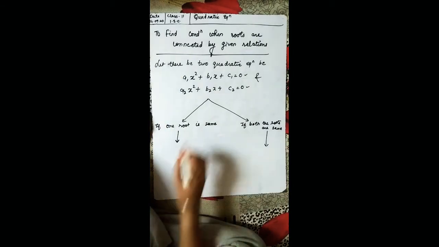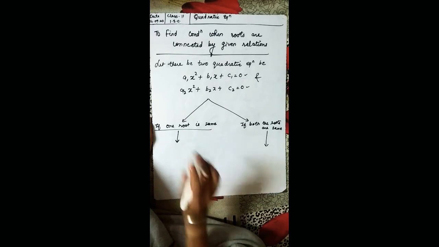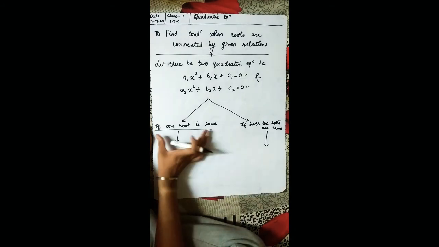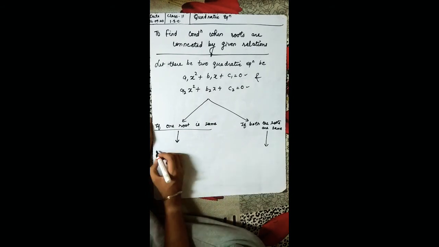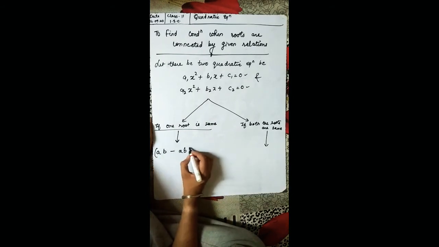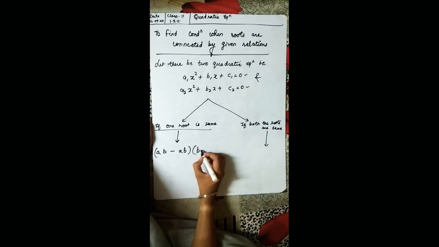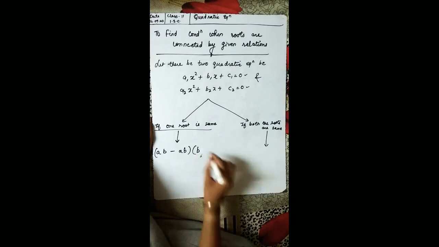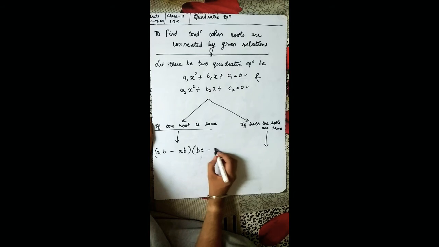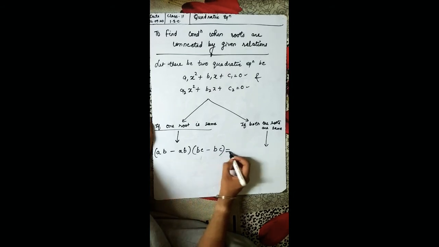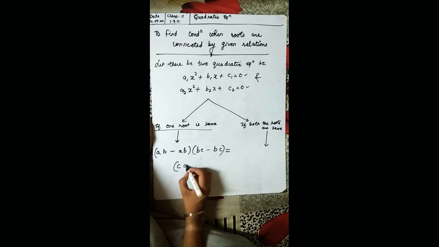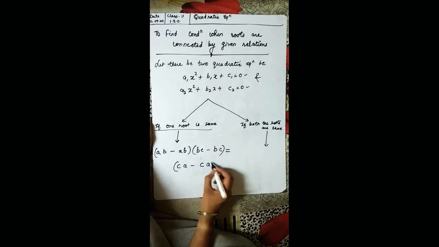I'm giving you a very short trick to remember whether one root is the same or not. Let me write AB, AB, BC, BC, equal to CA, CA.